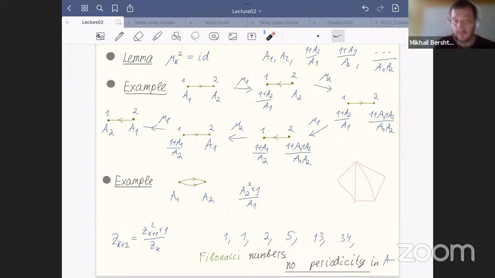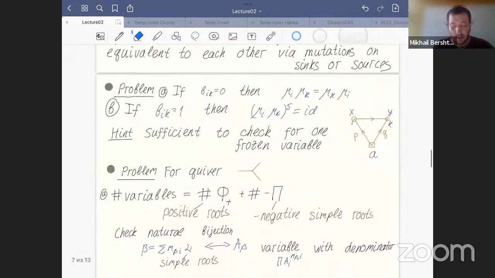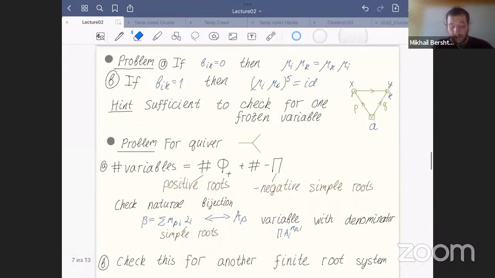All this story about roots is for A2, for SL3. The problem is to check the similar correspondence for D4 and for some other root system.